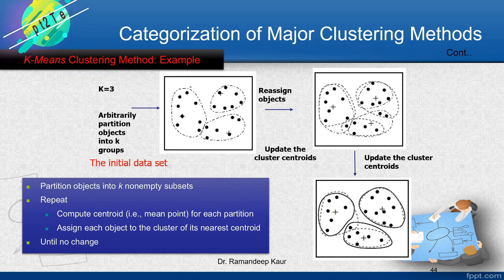Now within that clustering, based on the items here, we will locate the centroid of that cluster. That means the mean of all these points. We will calculate the mean point and mark one object as the mean point. Next we will identify the distance from this centroid to other items.